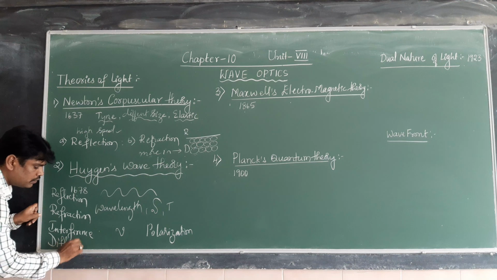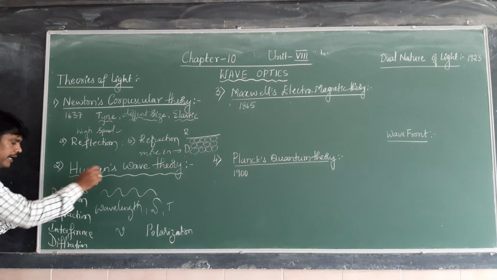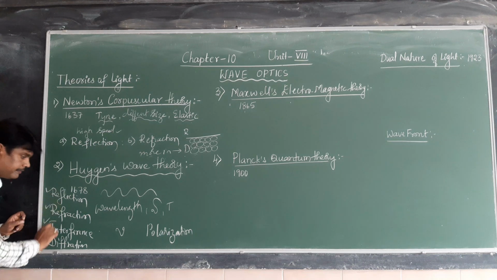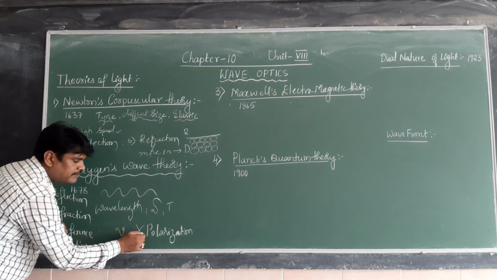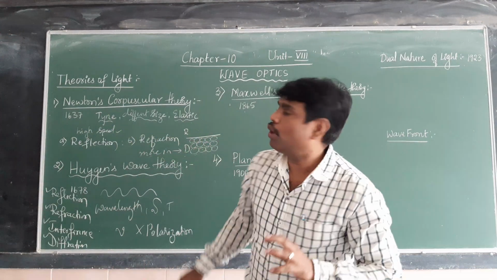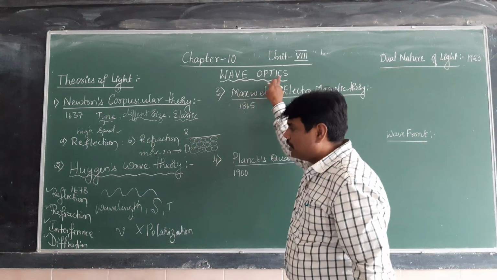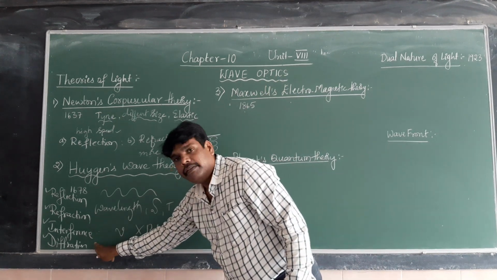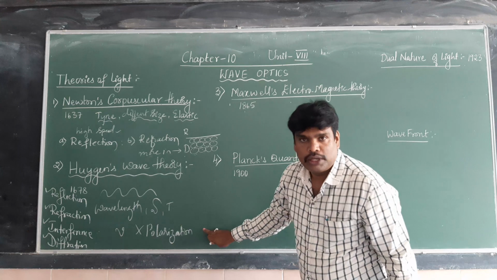Diffraction is also explained successfully. So Huygens theory explained reflection, refraction, interference and diffraction. It fails to explain the phenomenon of polarization. In this topic, wave theory, we are mainly concentrating on interference, diffraction and also polarization.